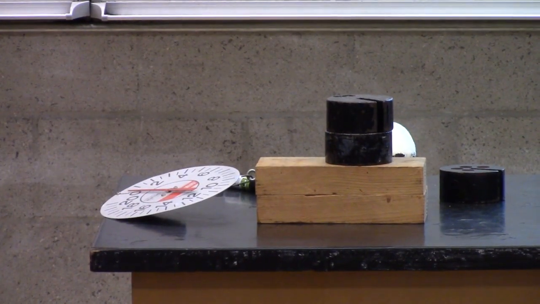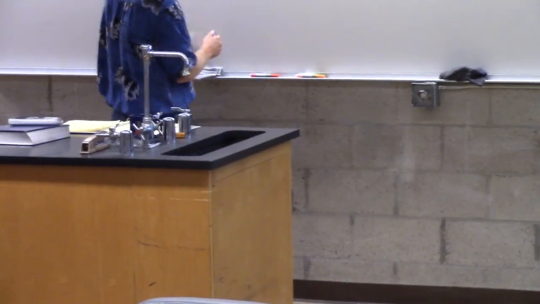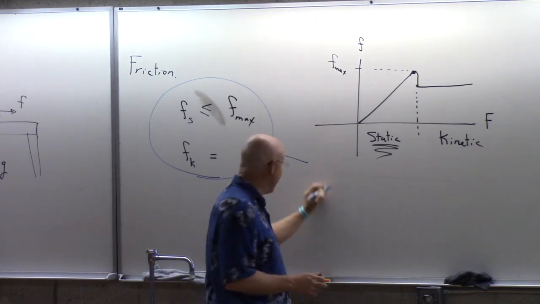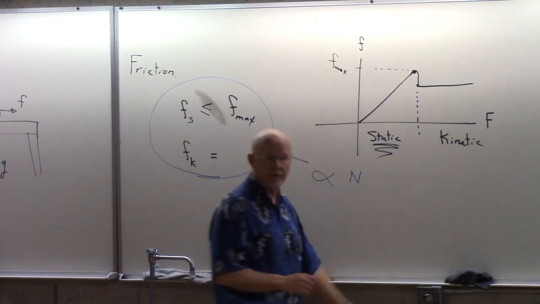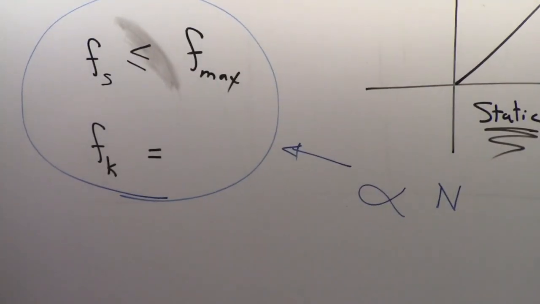But what I'm trying to illustrate then, in both of these cases, is, and I'm going to use a little math symbol, proportional to the normal force. And so how much is between them?